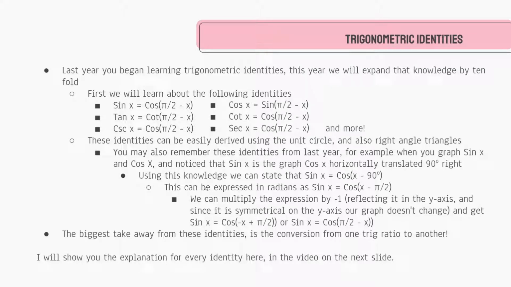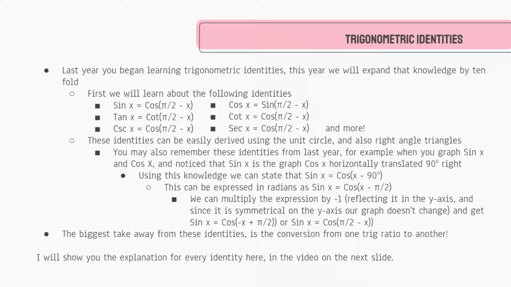So, for example, some of them you might remember from last year. You might not remember the exact form, or you might have not seen these exact forms, but you should be able to recall them. For example, let's imagine a graph of sine of x and cosine of x.